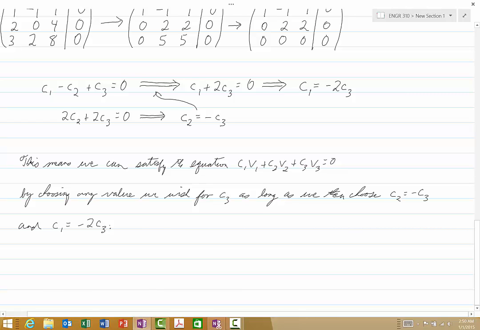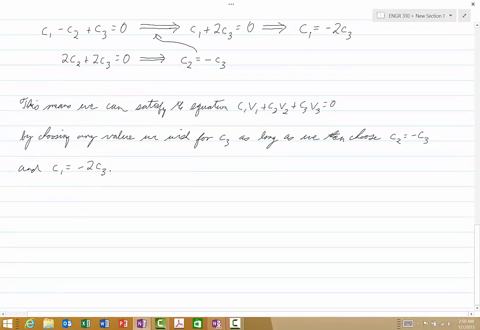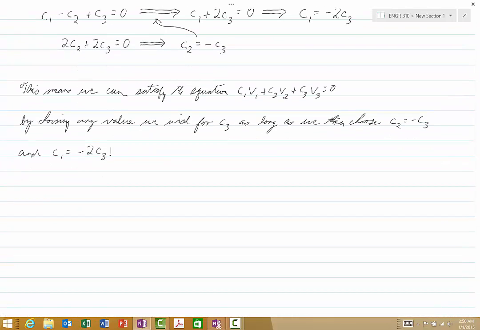Now let's just make absolutely sure that that's true. So we're going to set C1 equal to negative 2C3 in this equation, and we're going to set C2 equal to negative C3, and let's just make sure that this is going to definitely work.